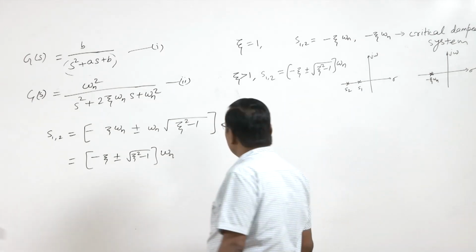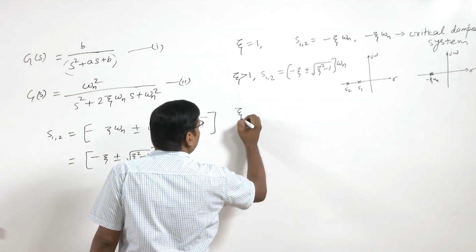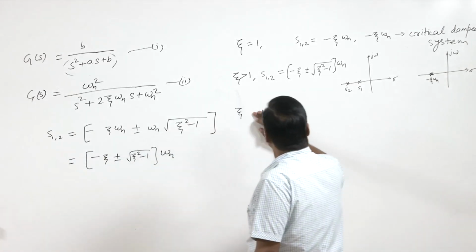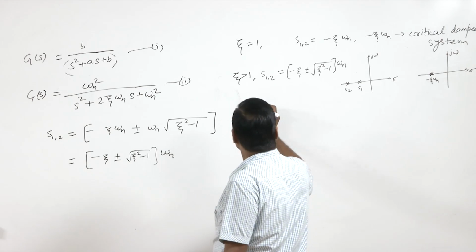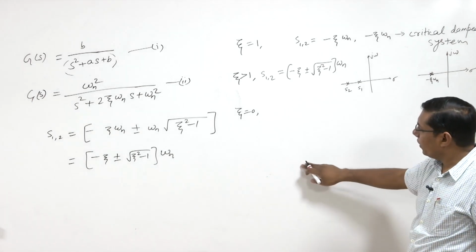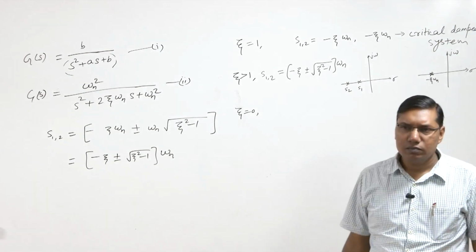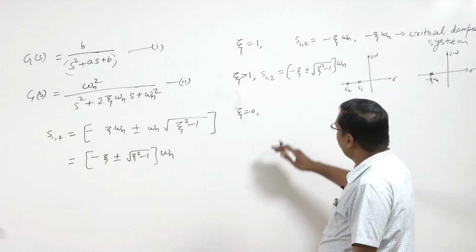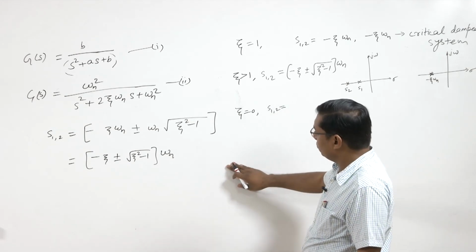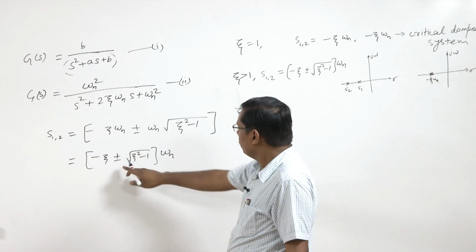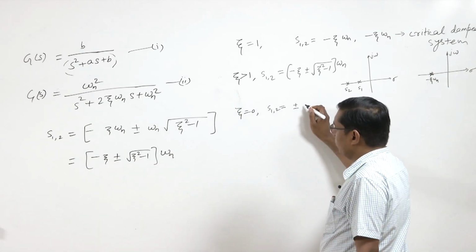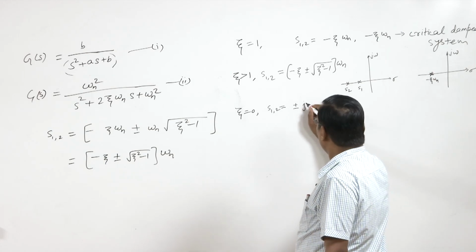Now the third case is when zeta is equal to 0. So when there is no damping, in this case we will have S1,2 equal to plus minus j omega n.